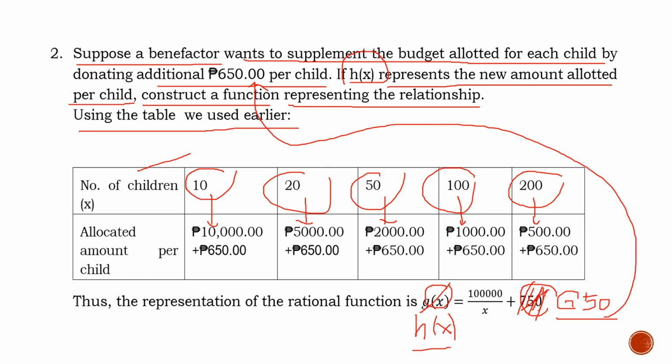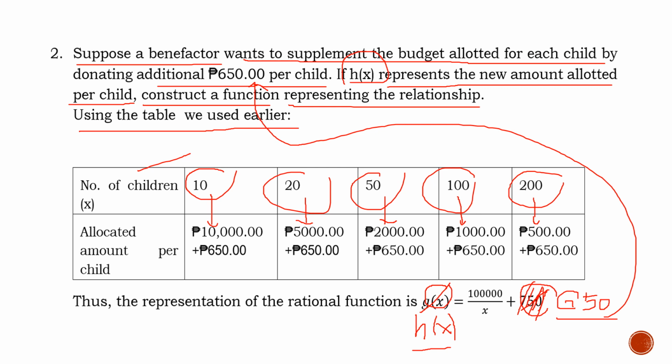Regardless of how many children are involved in this scenario, they will all receive 650 pesos each.